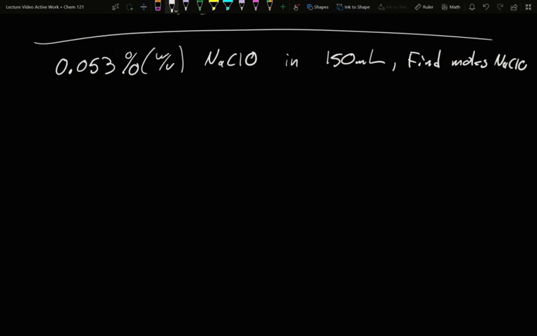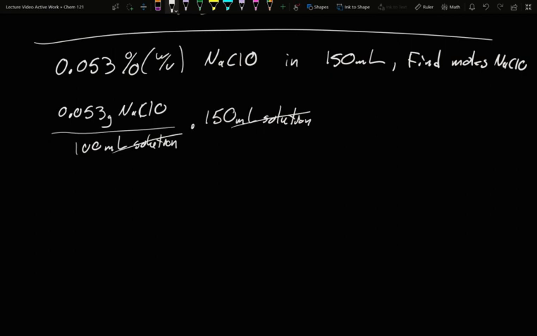All right, well, if you're back, weight to volume doesn't involve moles, it involves weight. So what we really have here is that there's 0.053 grams of NaClO in every 100 milliliters of the bleach solution. And I have 150 milliliters total.